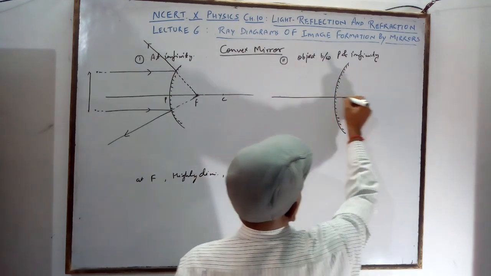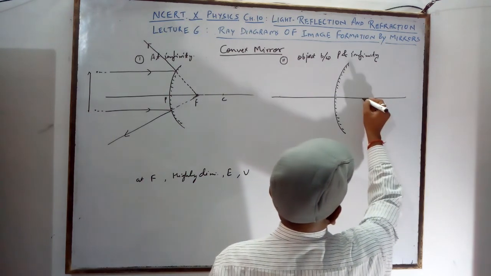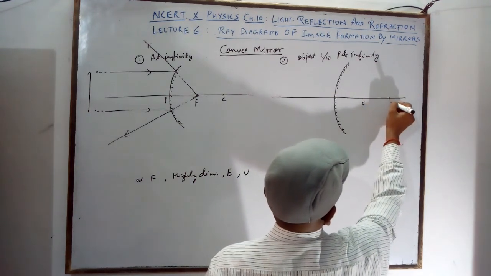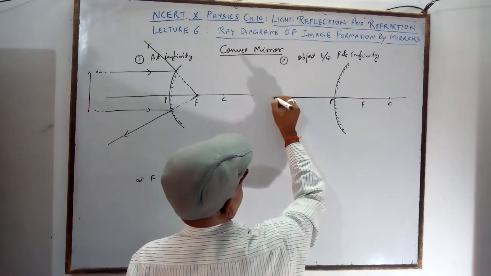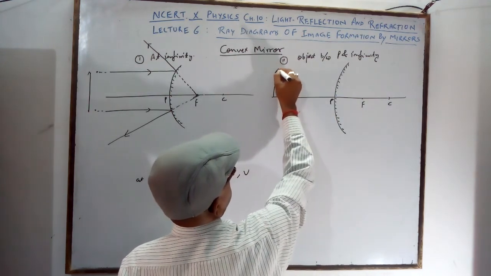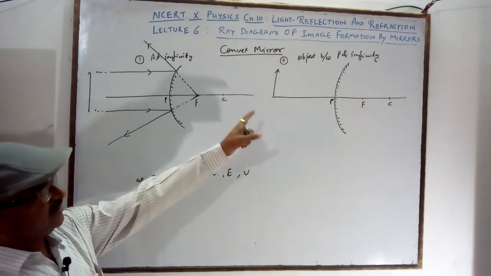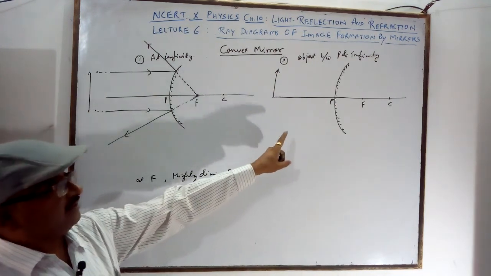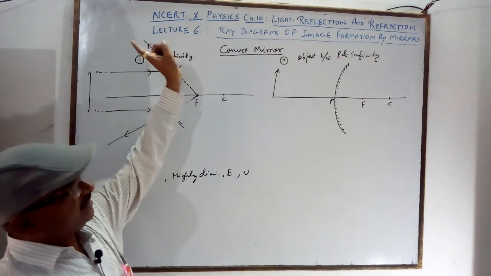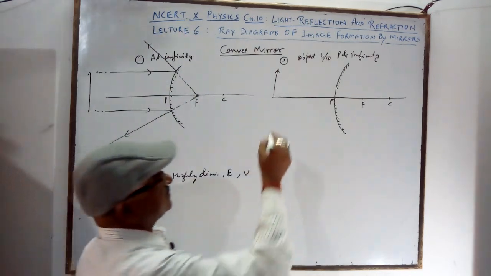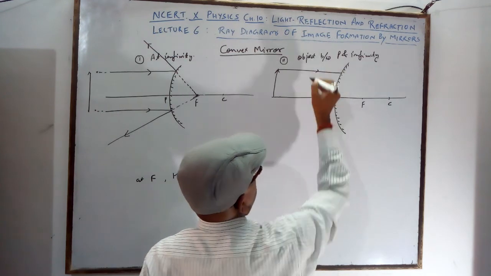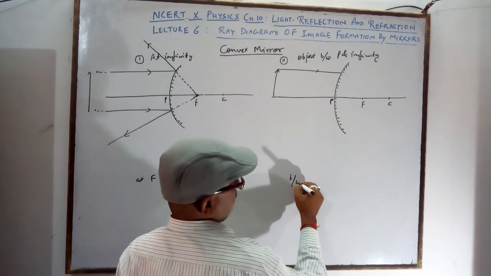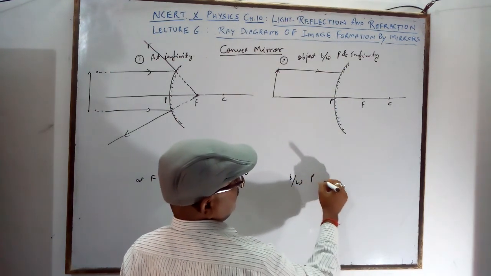Here is the focus, here is the center of curvature, here is the pole, and suppose the object is here. If an object is in front of the convex mirror, anywhere between infinity and the pole, then the image is formed between pole and focus.